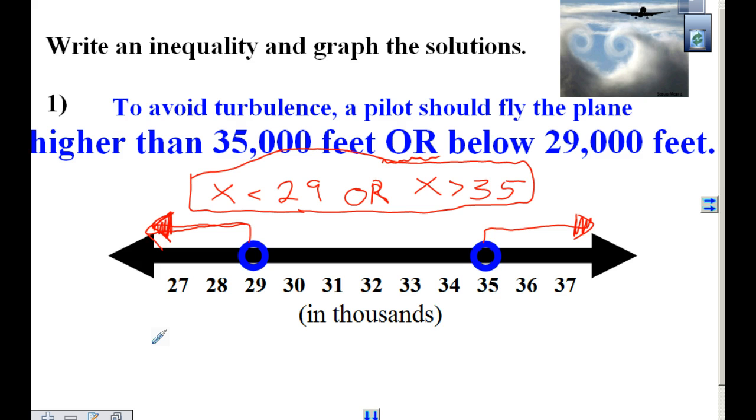Sometimes there are more than two solutions, even. You can have three different solutions. Once we get into graphing inequalities, we'll look at what happens when there's three conditions. And this is another good example of how we already think this way.